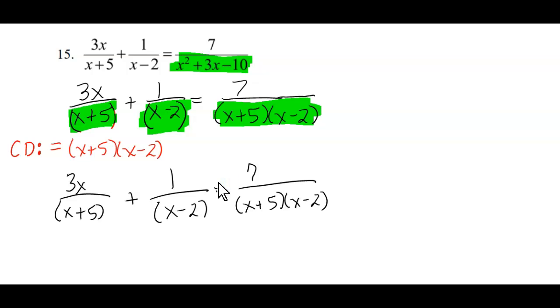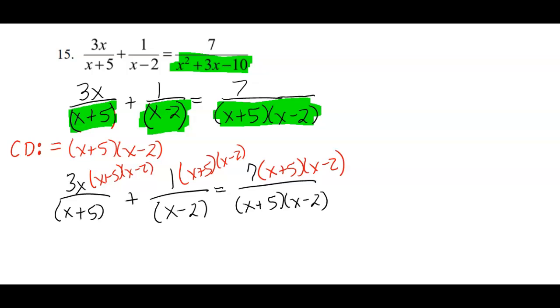So everything that's split apart by plus, minus, or equals is considered a separate fraction, and that's what I need to distribute through. So I'm distributing through both sides of this set. So x plus 5, x minus 2, x plus 5, x minus 2, x plus 5, x minus 2 on every fraction. I'm doing that because now my next step, reduce.